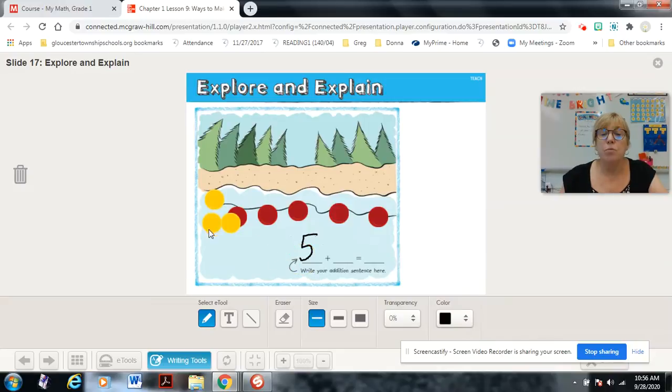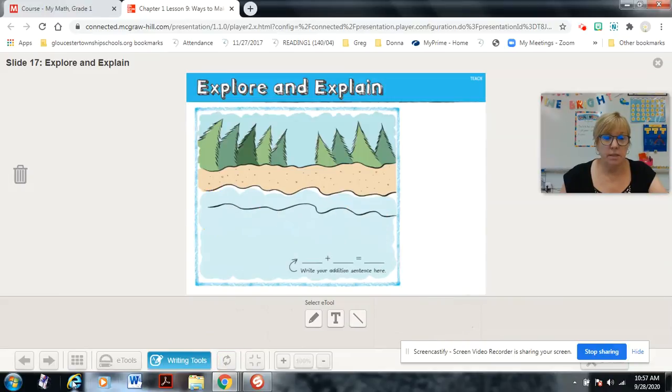And then 3 more join them. So now I'm going to see how many in all. 1, 2, 3, 4, 5, 6, 7, 8. Very good. 8. So that's the in all, or the sum. Okay. So the answer would be 5 plus 3 equals 8. Very nice. Okay.